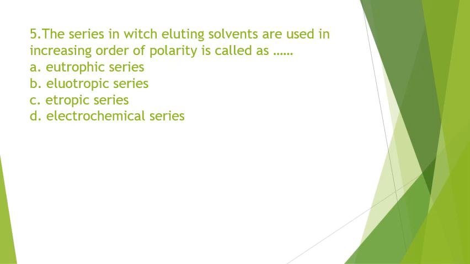MCQ number 5. The series in which eluting solvents are used in increasing order of polarity is called: A, eotropic series; B, allotropic series; C, atropic series; D, electrochemical series. And our correct option is option B, allotropic series.